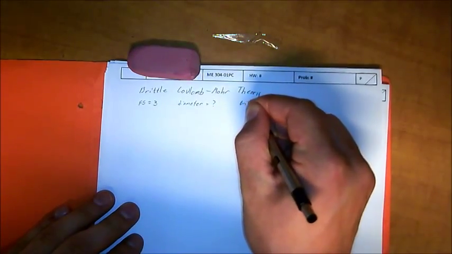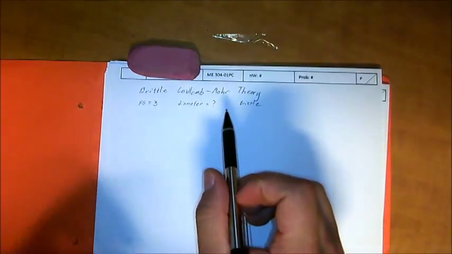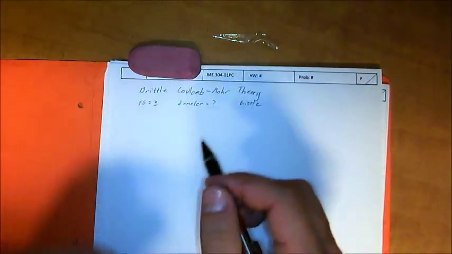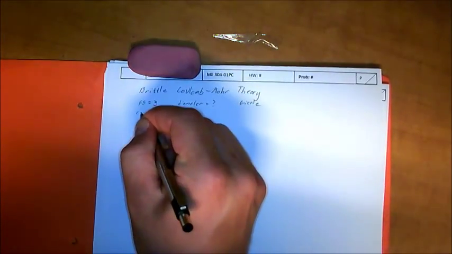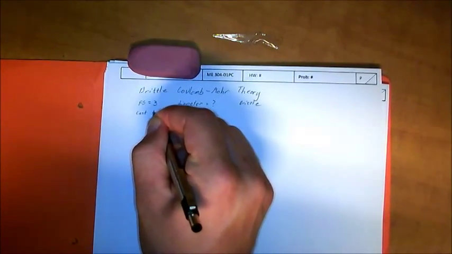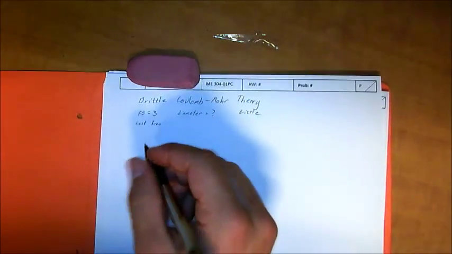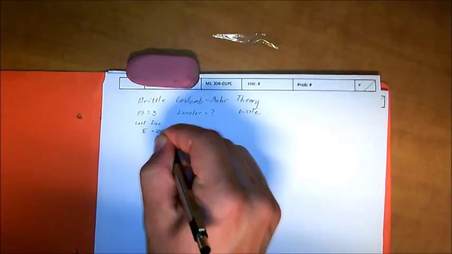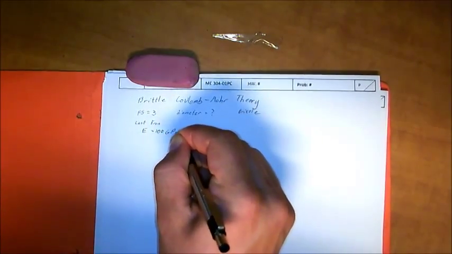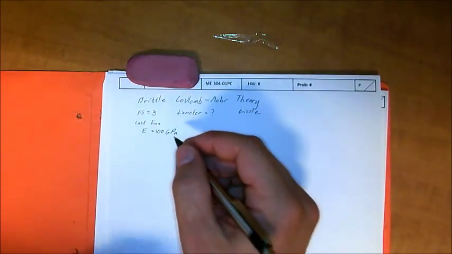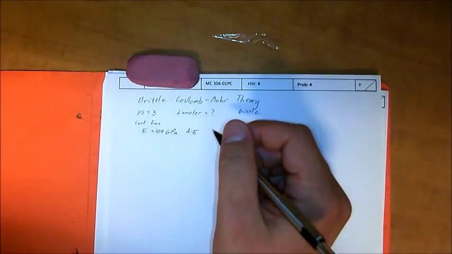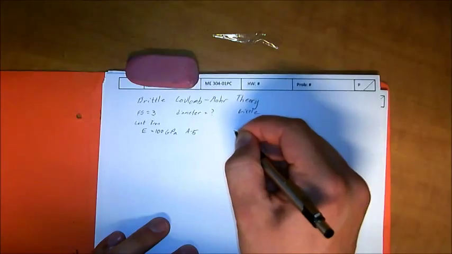Okay, so a few material properties of cast iron. These are coming from the Shigley book, Shigley Machine Design. E is equal to 100 gigapascal, so giganewtons per meter squared, which comes from table A5 in the back of the book. And then from A24, the ultimate strength SUT is equal to 52.5 KSI.